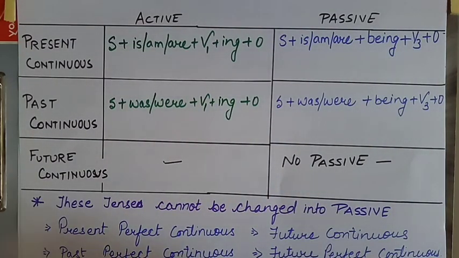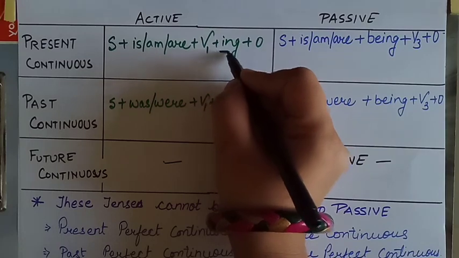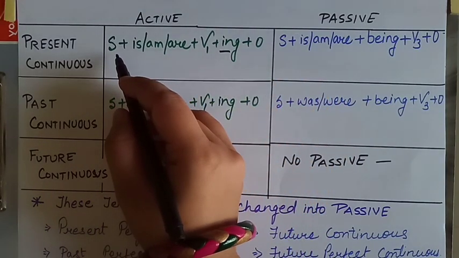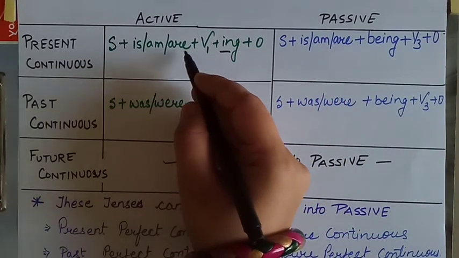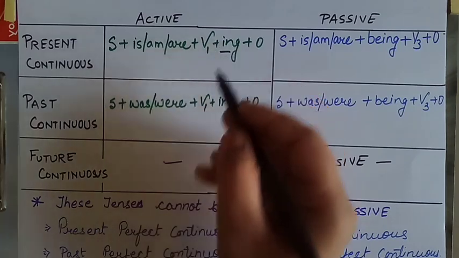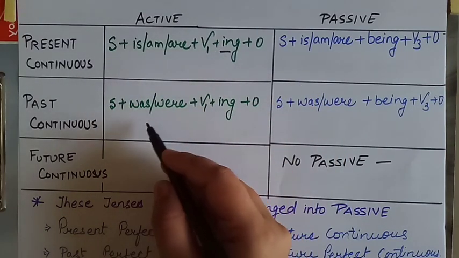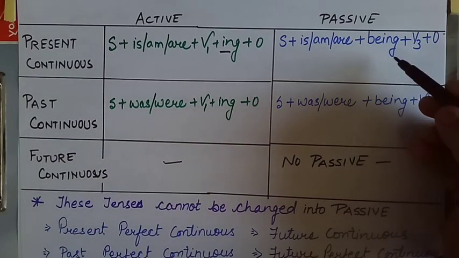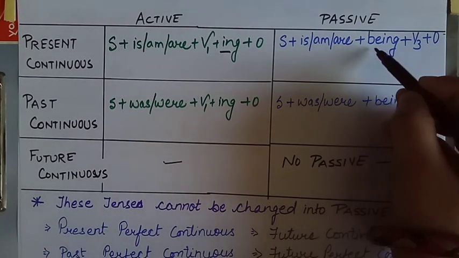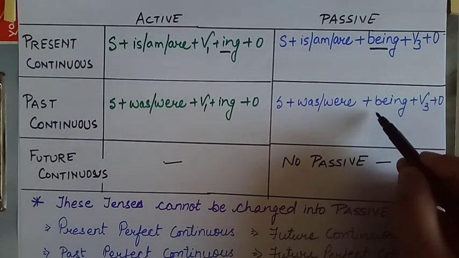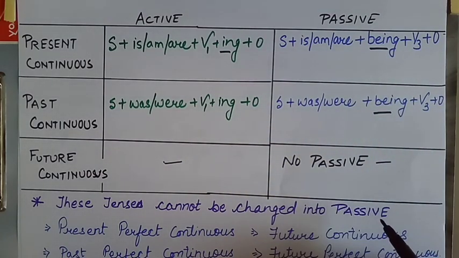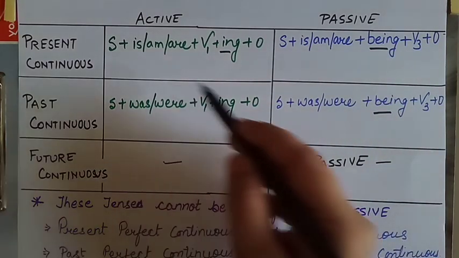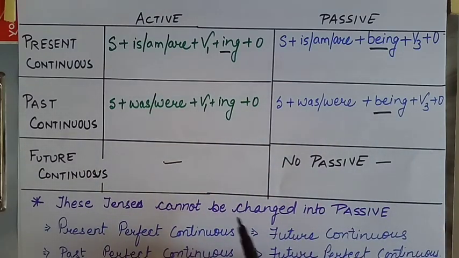Continuous. Now, when we say continuous, for present tense it will be is, are, am plus verb first form ing. For past tense, it is was, were plus verb first form ing. Here, we will be adding a new word, being, B-E-I-N-G. The other conversions will remain the same.